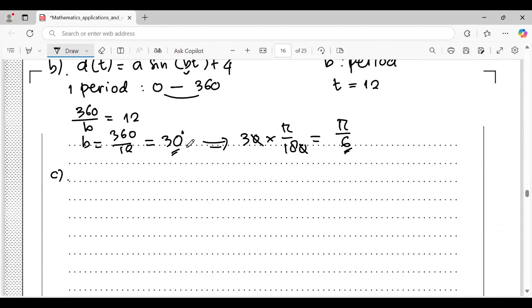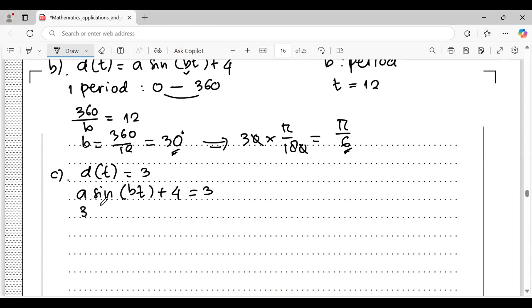Okay. So when B equals 30, D(t) equals 3 meters. So it means A sin Bt plus 4 equals 3.